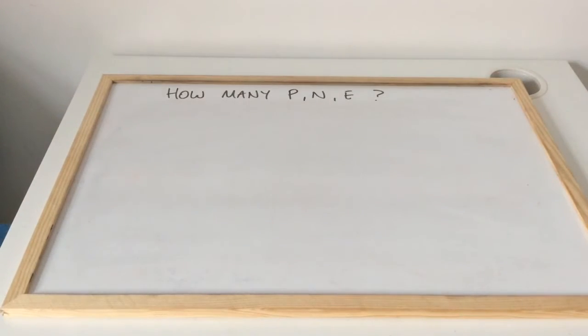So what we're going to look at now is how do you work out how many protons, neutrons and electrons an atom of a particular element has. We'll use sodium as our example, and you can see I've written on the board the symbol for sodium, Na, and there are two numbers there. There's the smaller 11 and the larger 23. The first thing we need to say is, what do these numbers represent?